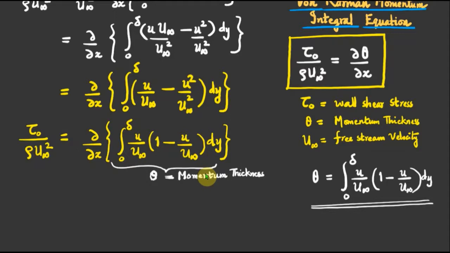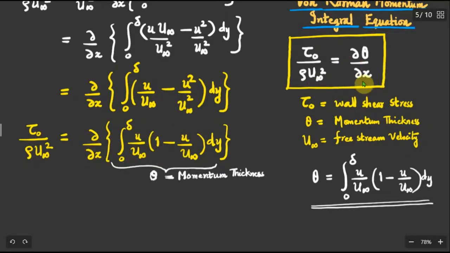It is the distance by which the solid boundary must be displaced in order to compensate for the reduction of momentum due to the boundary layer formation. If you replace this integrand by theta, you get a very simple expression: tau 0 divided by rho u infinity square on the left hand side is equal to dou theta by dou x on the right hand side.